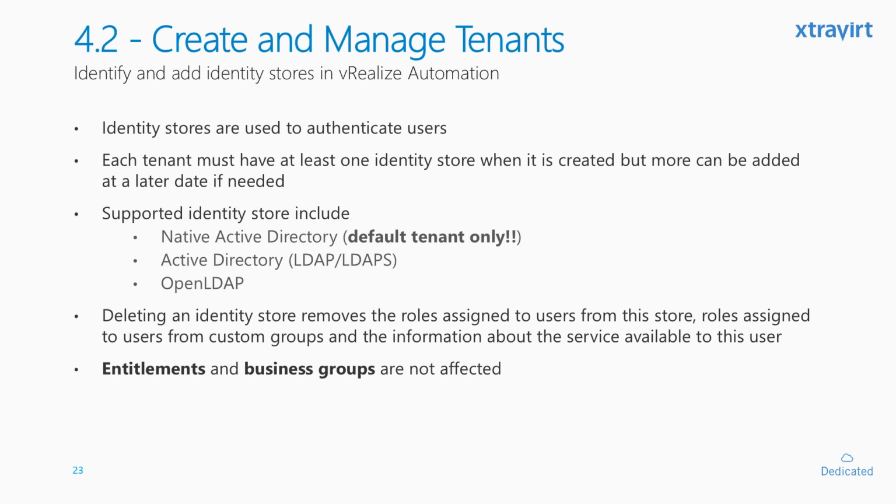You'll notice that when you go to configure identity stores in your other tenants that you create, you will not see that. You'll just see the Active Directory and the Open LDAP type in the drop-down box. Active Directory is going to be your standard LDAP or LDAP-S, depending on what you're using, connection to AD.